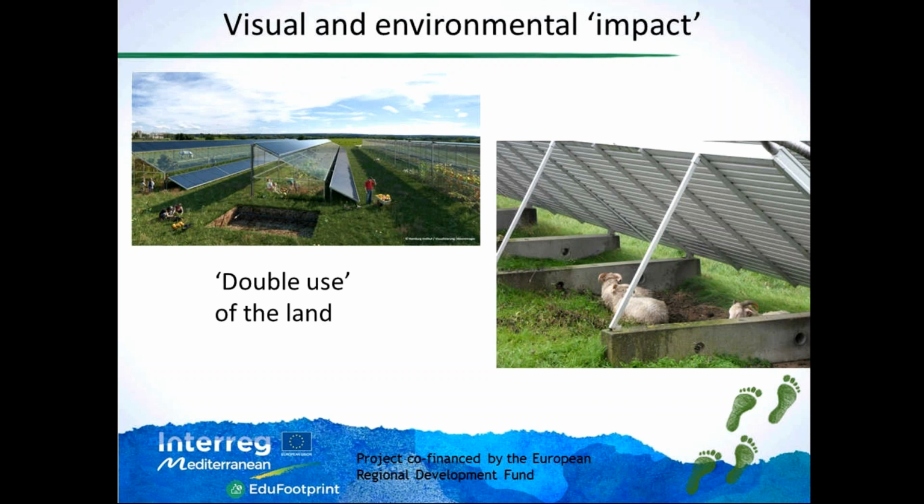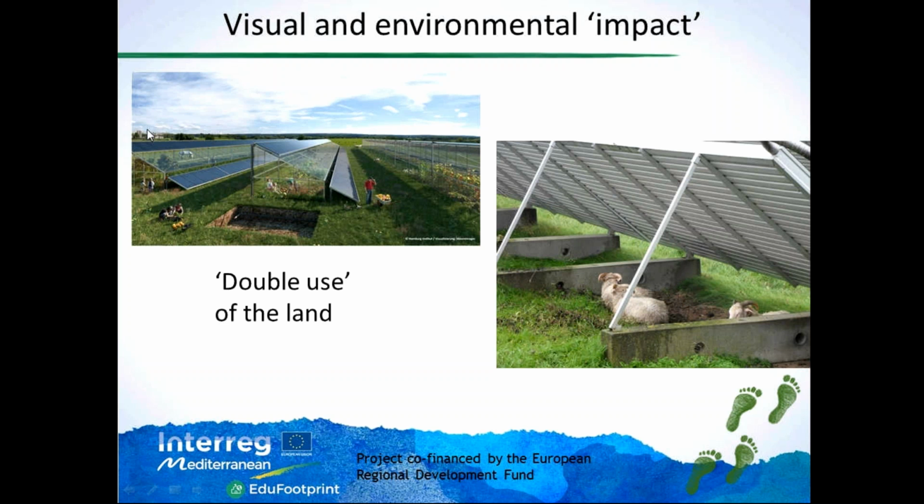But I wanted to show here just that a double use, let's call it like that, double use of the land is possible. So you see here a real situation on the right. You see these sheep resting below the solar collectors. This is exactly one of these large solar district heating plants in Denmark.